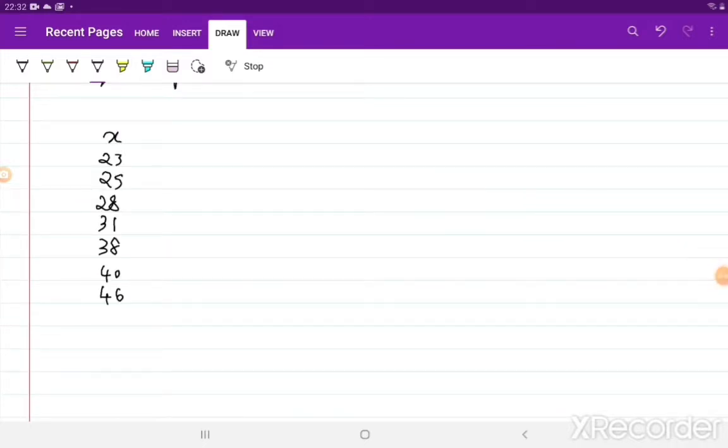Let's try and use that formula in this example. You have raw data or individual observations, 7 observations of x, which I have listed down here. The first step you need to do is find x bar. X bar will be summation of x divided by n. So summation of x will be 231.